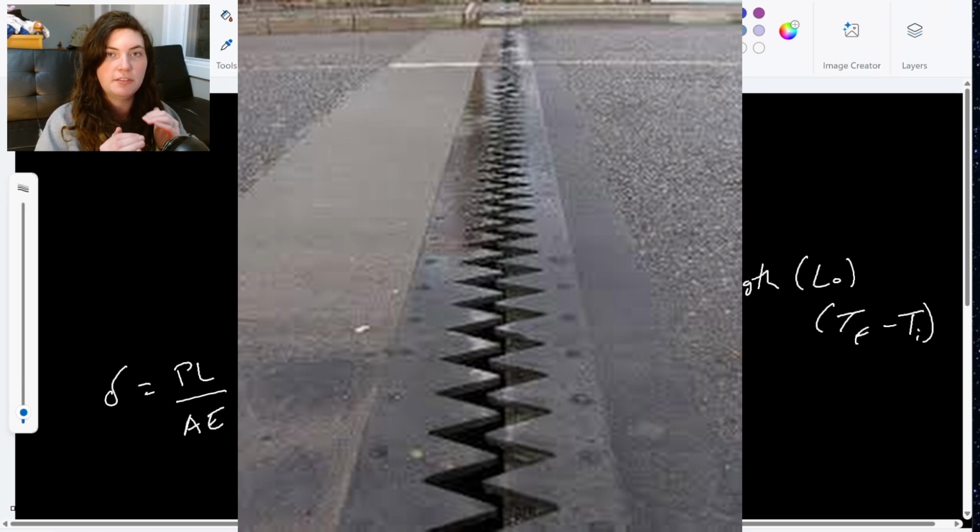It gives a little bit of gap so the bridge can expand and contract anytime the weather changes, right? So the teeth will get closer together when it's warmer out, and then the teeth get farther apart when it's colder out. So that way the bridge doesn't break the second it gets too hot or too cold for it to withstand. It gives it a little bit of wiggle room.